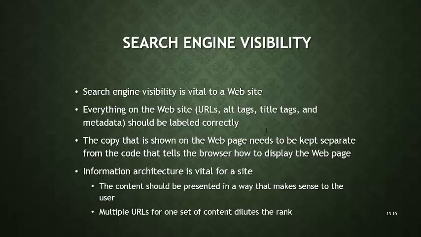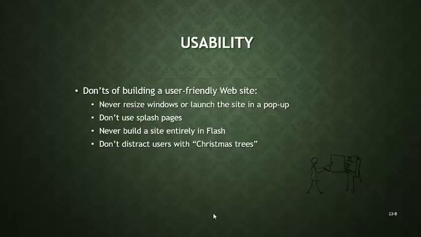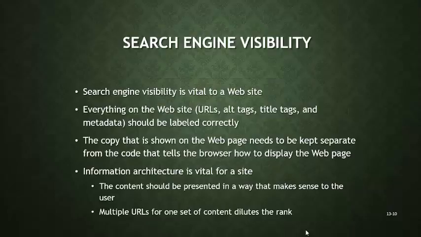So the way you lay things out is going to be important, but more important is that they all match up. You also want to avoid having multiple URLs for the same page. If you have multiple URLs, then chances are you're going to dilute the ranking, because maybe you're trying to fool the search engine bot, and so you may get a lower ranking from that.